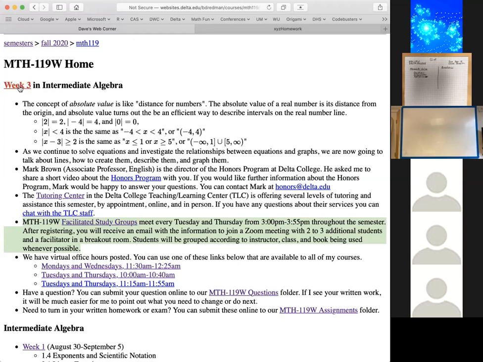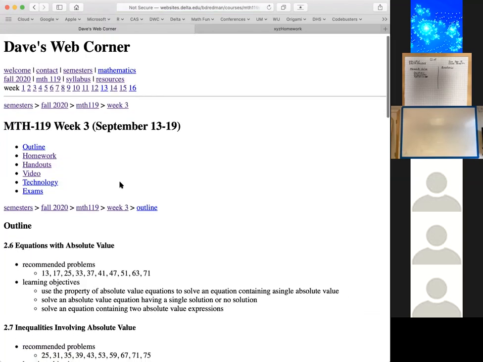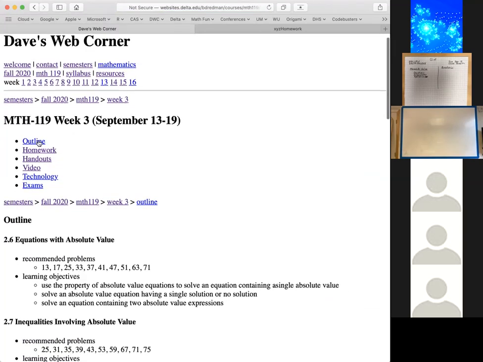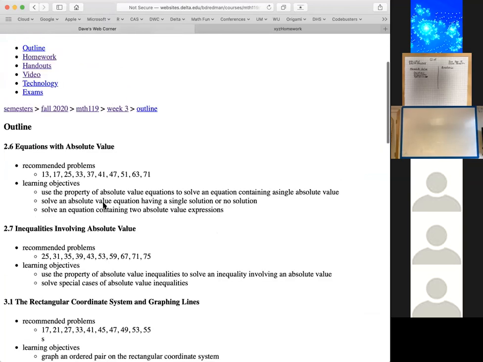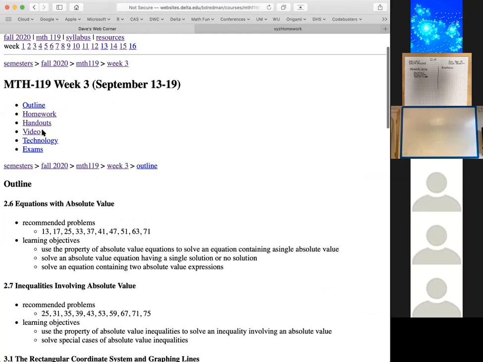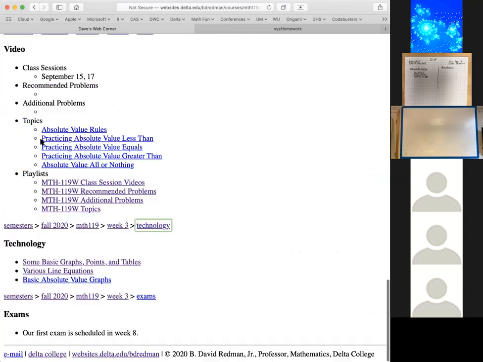Let's look at week 3. And you're going to get used to the format as you go along, the outline, what sections we're doing, some recommended problems, then homework, handouts, video, technology, exams. I have, let's go from the bottom, technology.